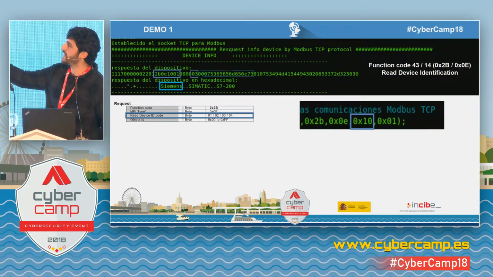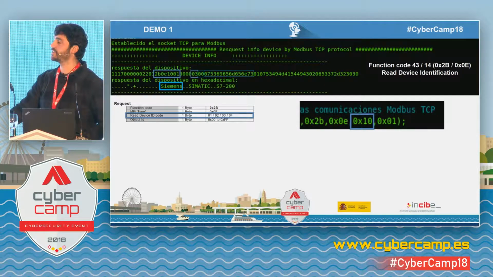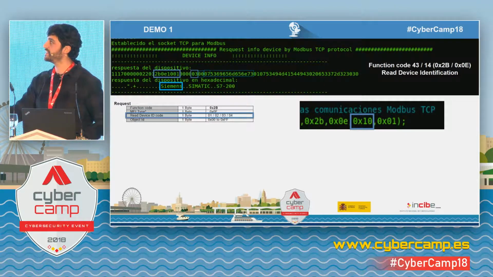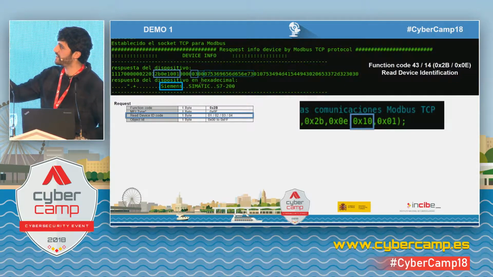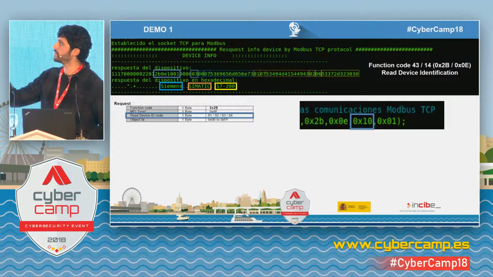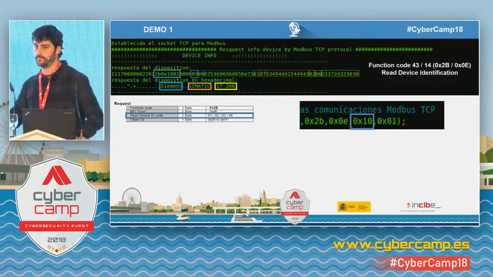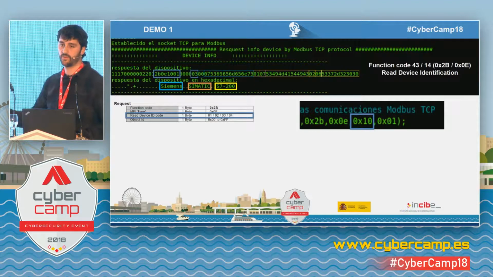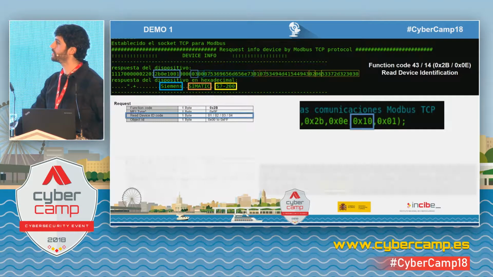I change the values, and here it's telling you the different objects there are. I have 3: Siemens, Simatic, and S7-200. I'm going very quickly over this, so I apologize.